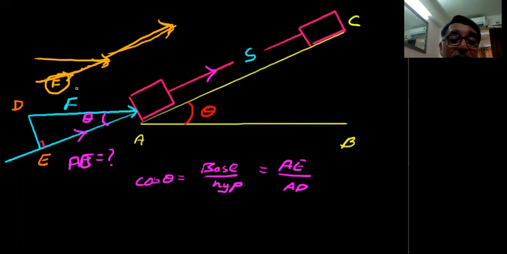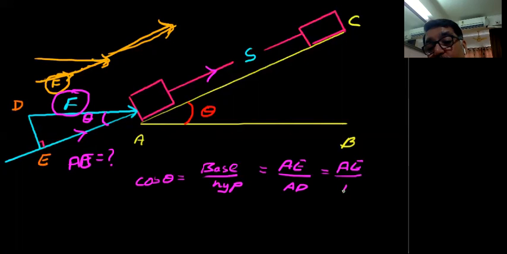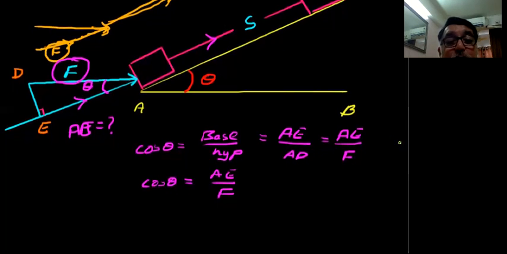Now remember, AD is our force, F. So we can say cos theta equals AE upon force F. Now we have to find AE, which is the inclined component of force.